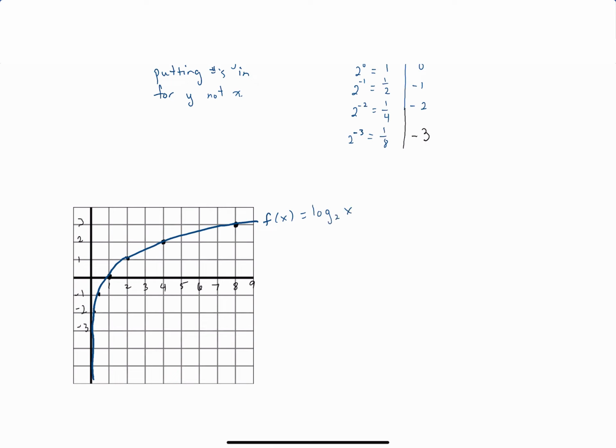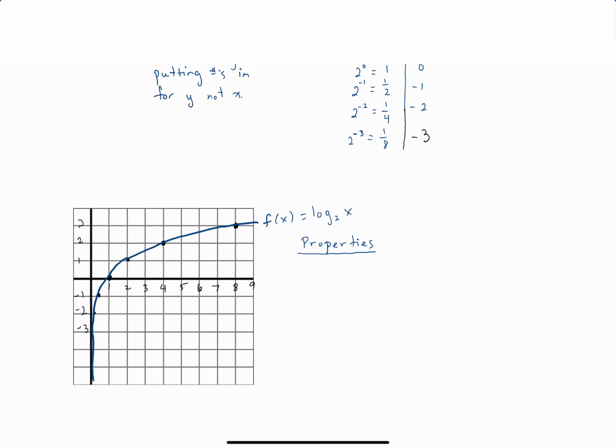Now that we have a visual of what a log function would look like, let's notice some properties. F of x is always increasing. That is, it's always going uphill. But notice it levels off. So it keeps going up, but it goes up more slowly.